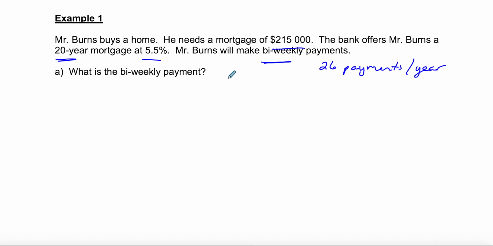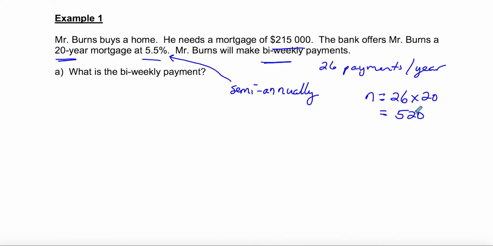This 5.5%, we know because it's a mortgage, is semi-annual. That's different. Something else we can see for N in our formula is that we have 26 payments a year, and he's paying this over 20 years. So in total, Mr. Burns has 520 payments.